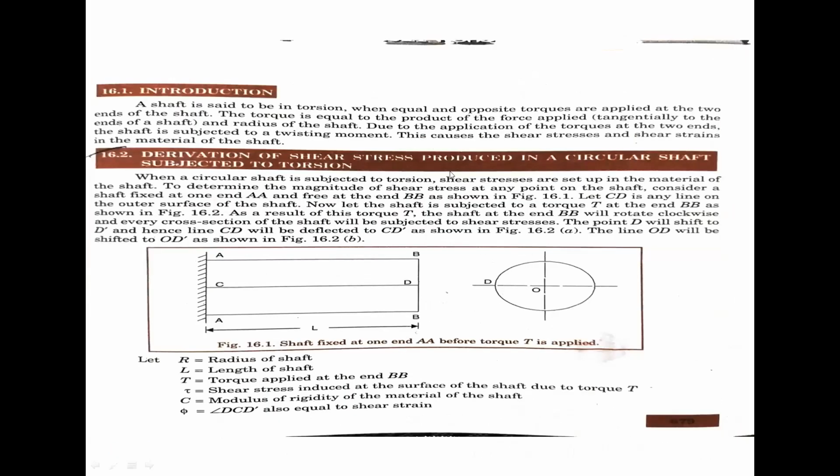We got C theta by L equal to tau by capital R. That is equation 16.1. We got the derivation of shear stress produced in a circular shaft subjected to torsion or twisting moment.